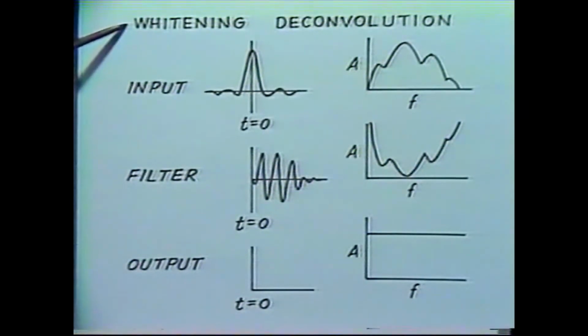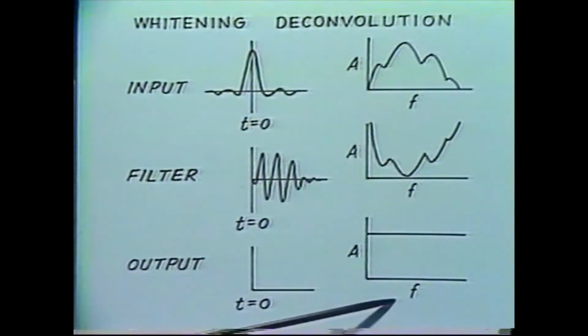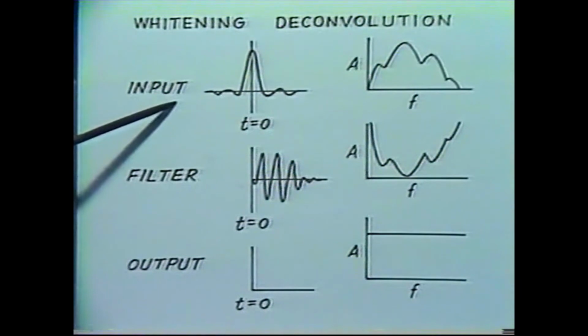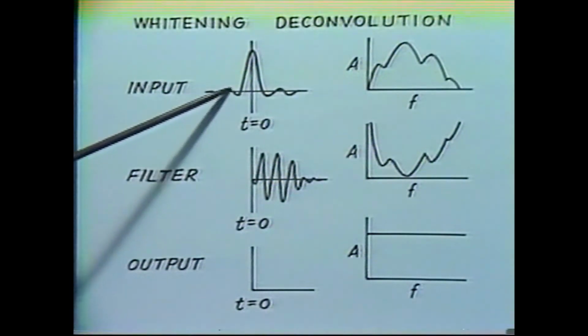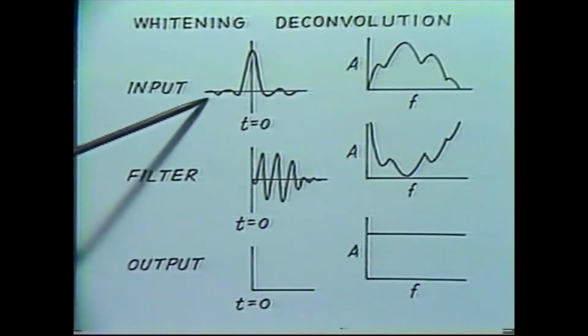Here we have illustrated the procedure for whitening deconvolution. We'll look at what's happening in the time domain and also in the frequency domain. The input to whitening deconvolution filter design is the autocorrelation of the trace segment that we want to deconvolve.